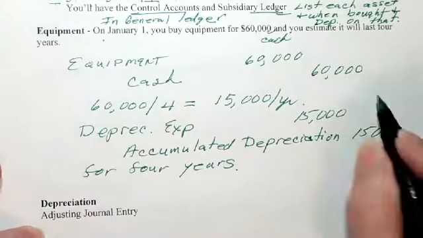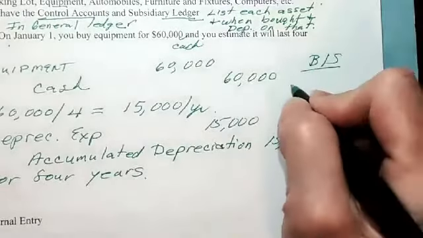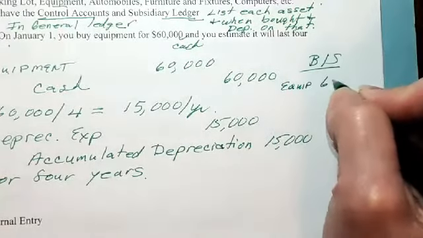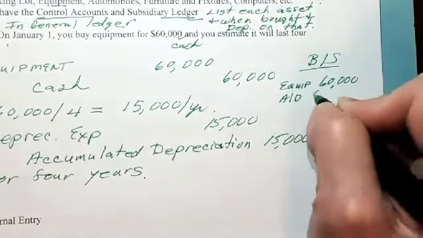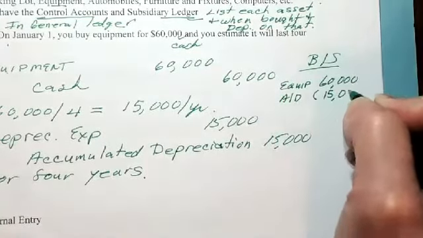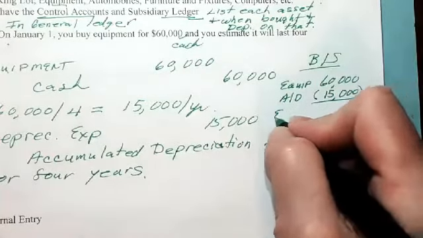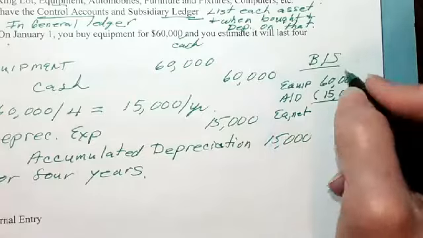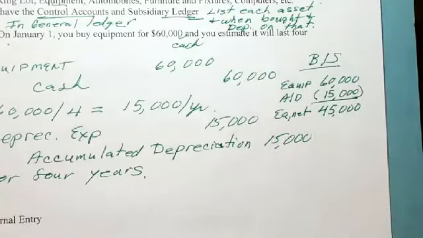To show that on the balance sheet, again, we would show equipment for the 60. You take out your accumulated depreciation of 15. So in that first year, you would show your equipment net of 45. And then the next year you'd add 15, so that the net would be 30, and then the net would be 15, and then the net would be 0.